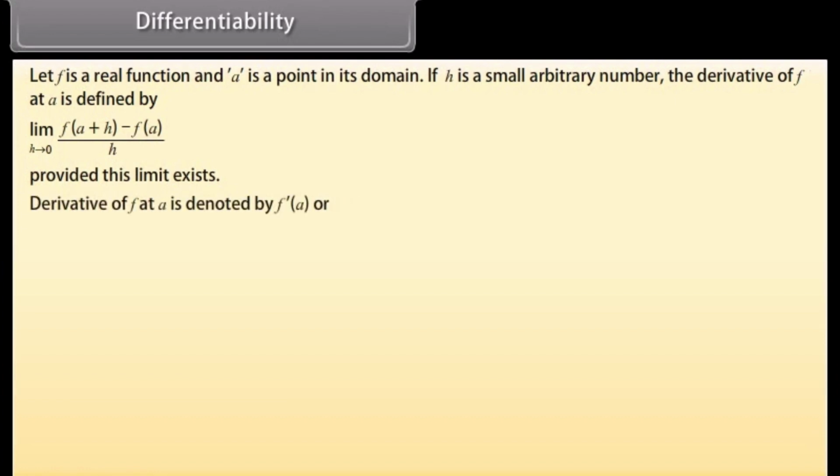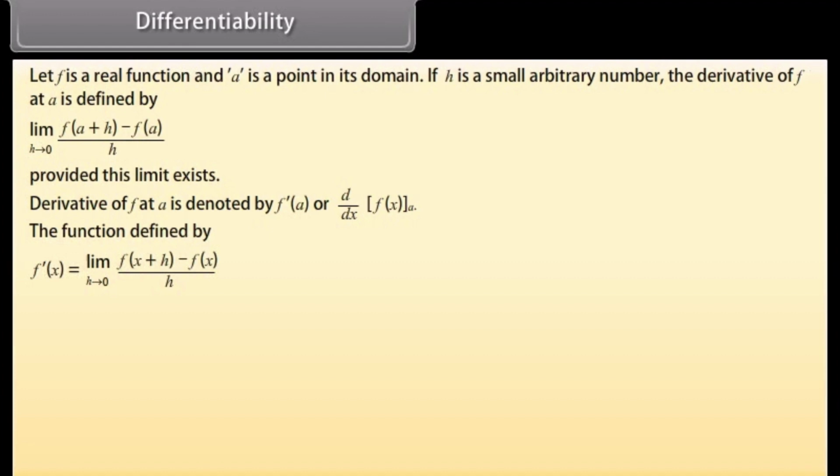The derivative of f at a is denoted by f dash a or d by dx of f(x) at x equal to a. The function defined by f dash x is equal to limit h approaches 0 of (f(x plus h) minus f(x)) divided by h.